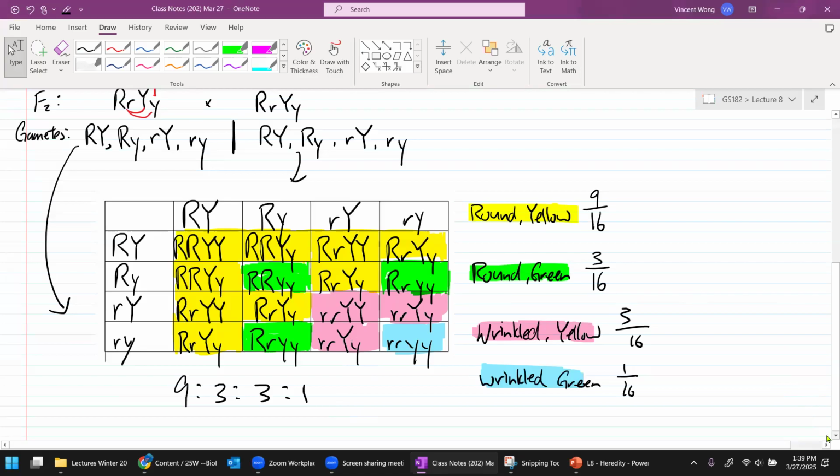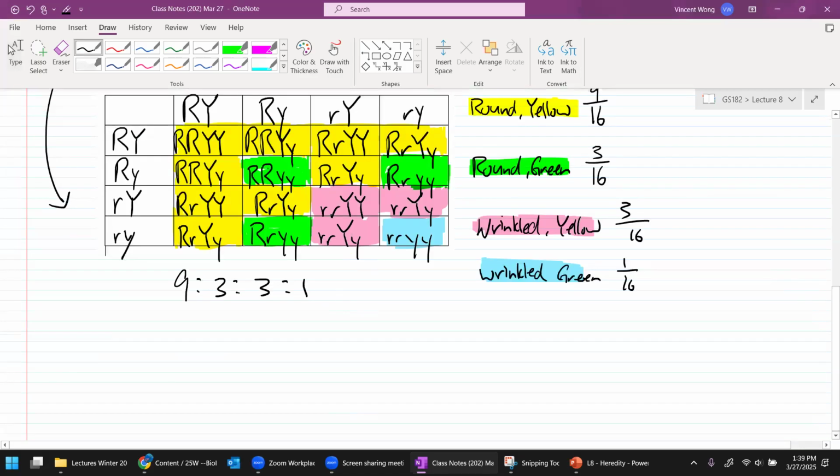Now, what does it mean? The 9 is telling you if both traits are dominant, then you are going to have 9 out of 16 of them showing up, which is not surprising because dominant covers up recessive. Of course, they are going to be more common in the offspring.